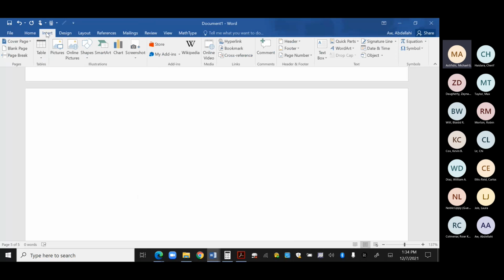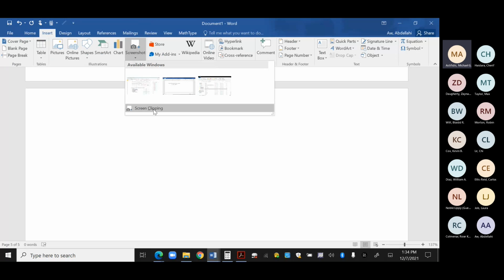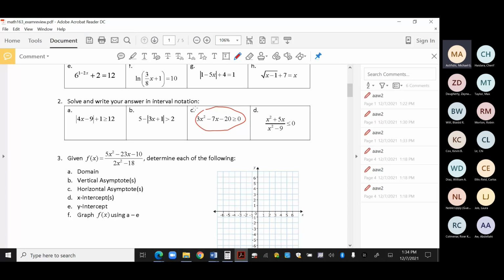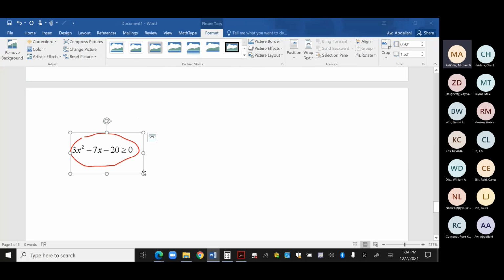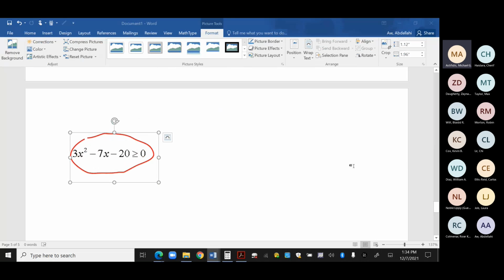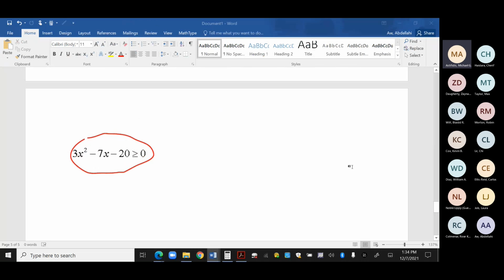Actually, a lot of people didn't get it right. So the calculations here are very, very limited, right? We don't have a lot of calculation in it. First of all, what we're trying to do, we're trying to factor, right? If we can, hopefully we can factor this one right here.